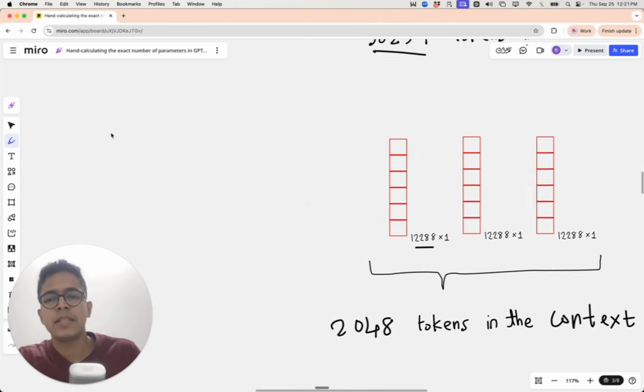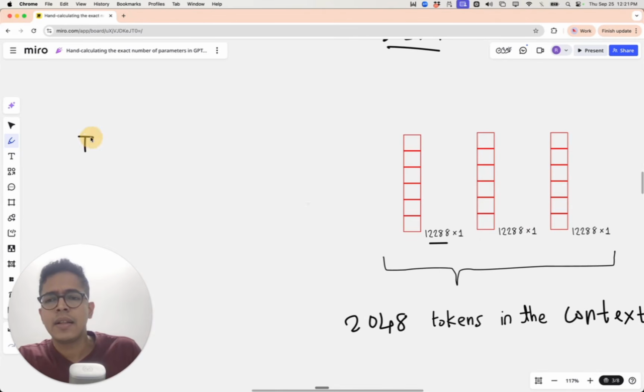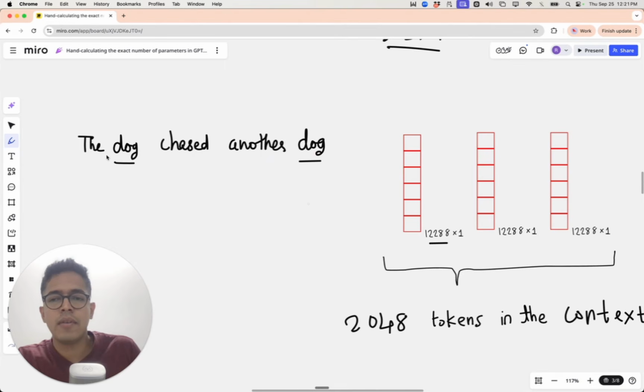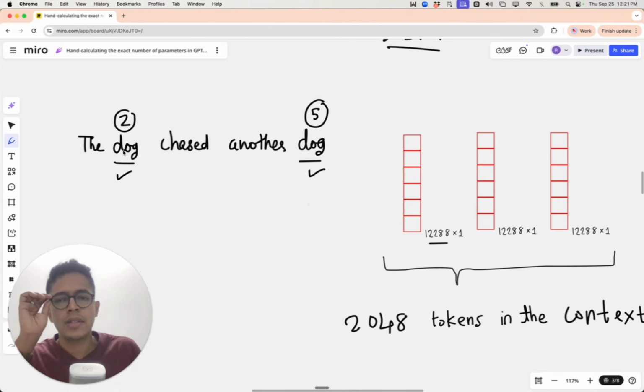Why is position embedding important? Let's say: the dog chased another dog. Here the word dog is appearing twice, but this one is appearing in position number 2 and this one is appearing in position number 5. So there should be some difference in the way this dog is represented and this dog is represented, and that's why you have to add some information about the position to your input embedding.